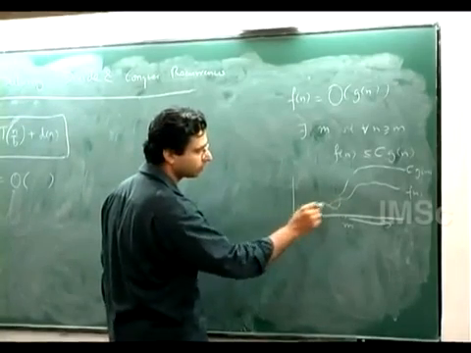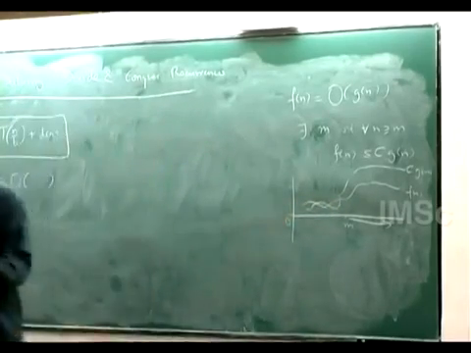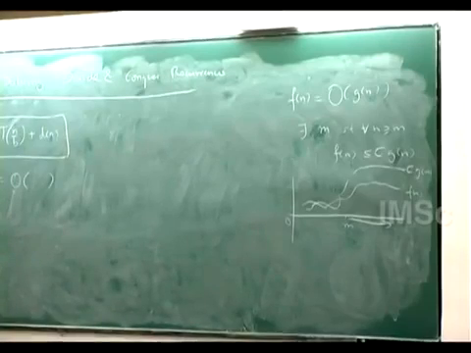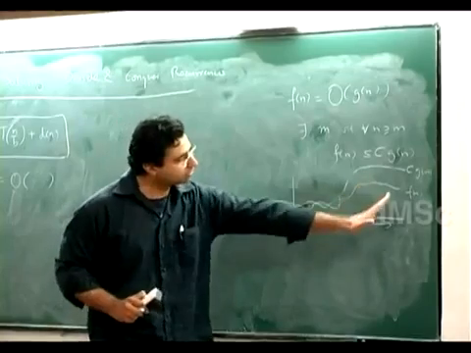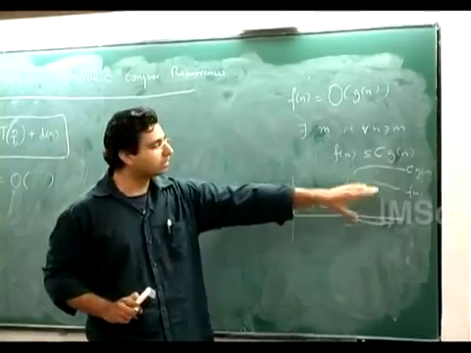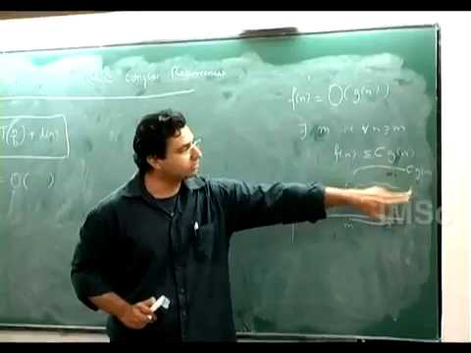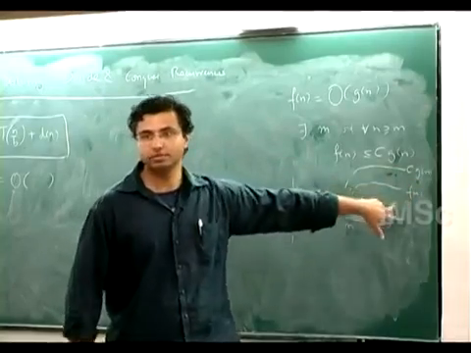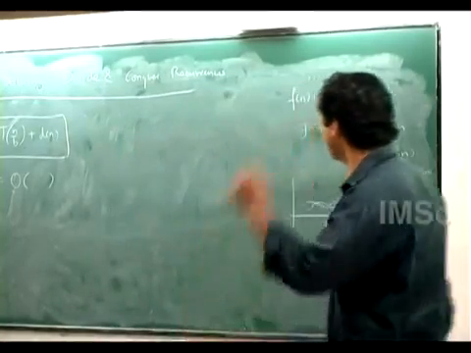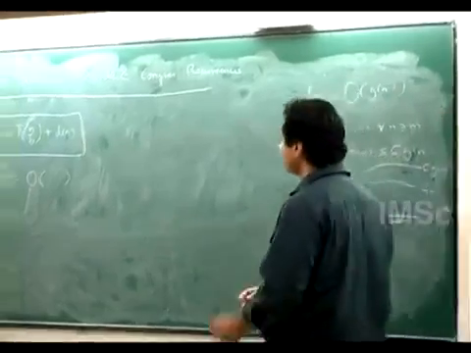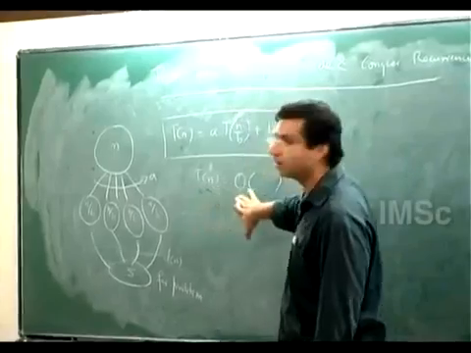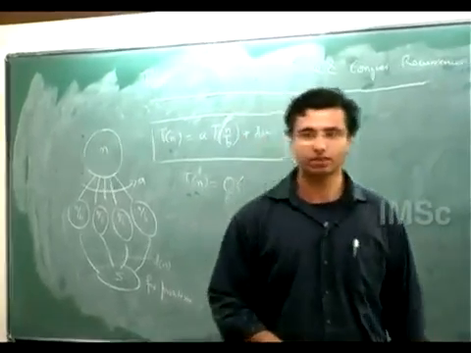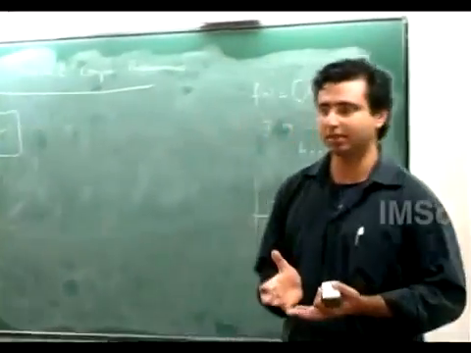Below this they may cross over, and I don't care about that. But I know that there exists a large enough number m so that for any value of n greater than m, this constant times g of n dominates f evaluated at n. So what we want is to make a statement that T of n is order of some function, and we want to figure out what this function is.